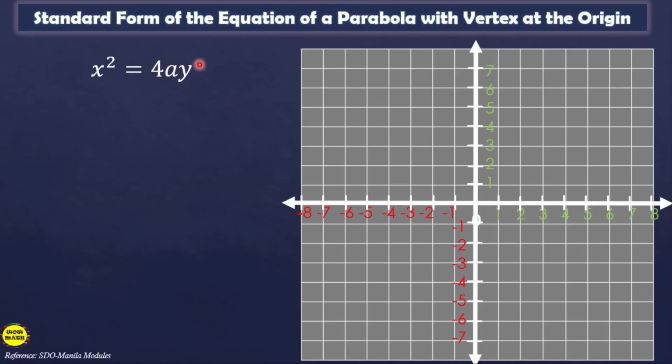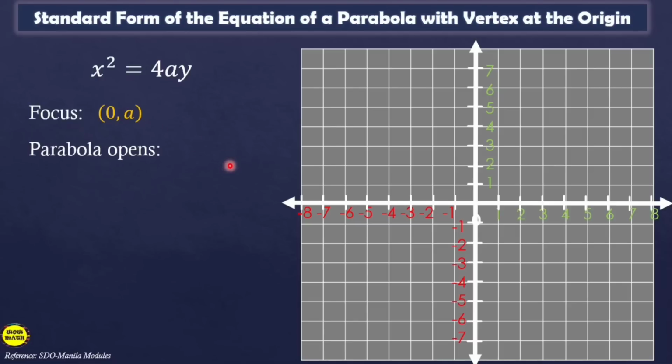Tatandaan, ito yung palatandaan nyo para malaman nyo agad na ang graph nyo ay mag-open to the left, to the right, or upward or downward. Depende dun sa variable na hindi naka-raise sa 2. Sa example natin, yung standard equation na to, yung y ang hindi naka-raise sa 2. Yung focus natin dito, 0, a, where a is the focal distance.